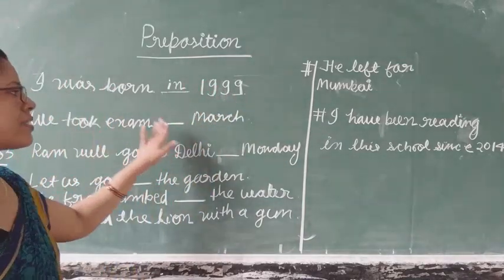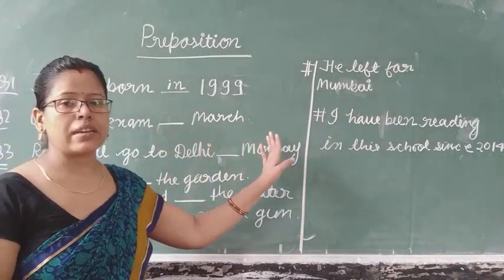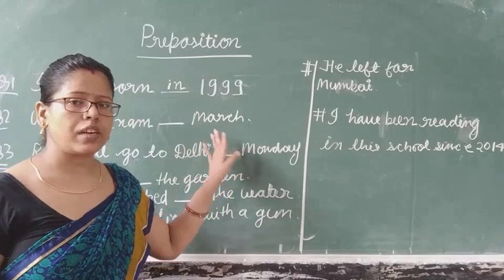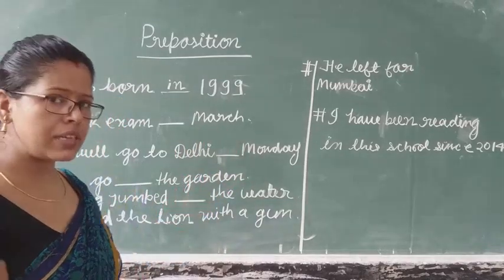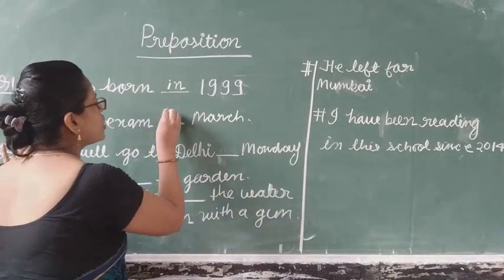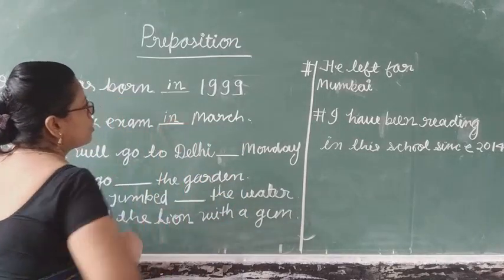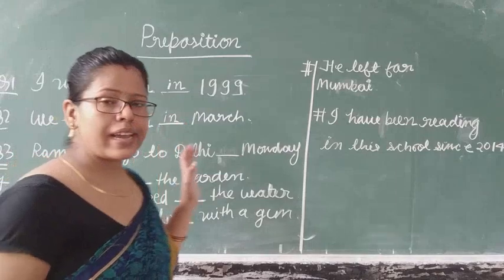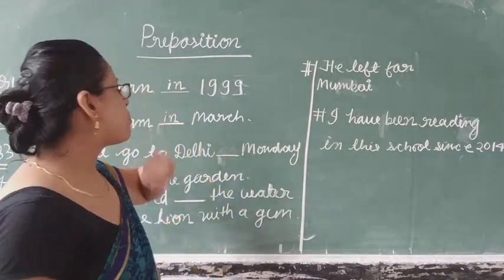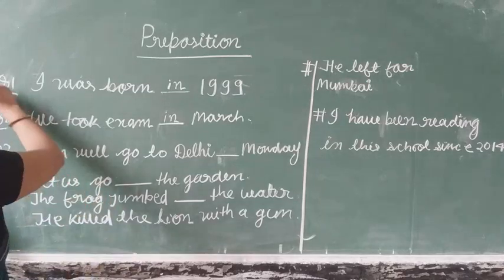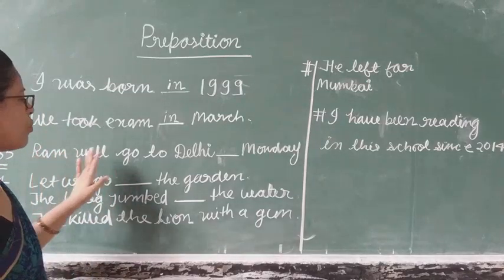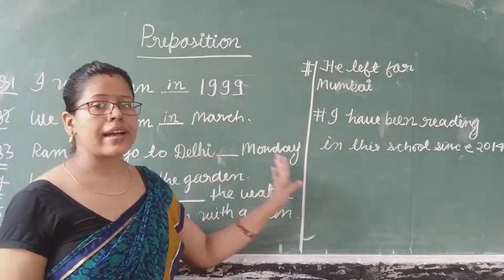Now come to another example. We took the exam dash March. Here we are talking about the month. March is the month name. So here also we use the preposition in. In order to indicate a month or year, we use in. Now, another example: Ram will go to Delhi dash Monday.